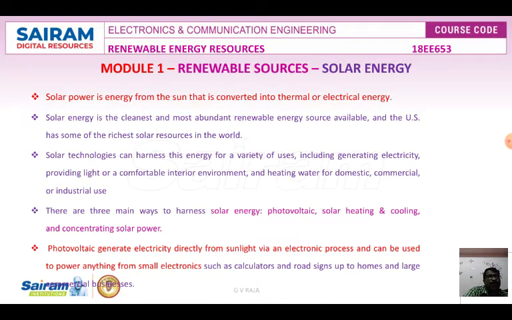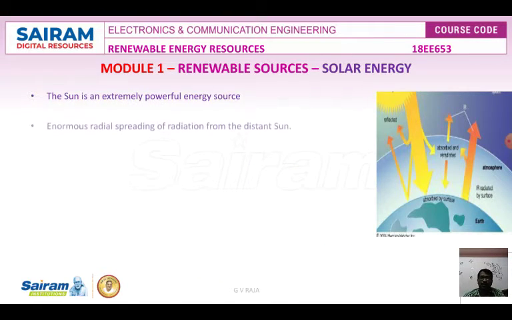Semiconductor cells, a small cell is used to generate 0.5 volt. Such solar cells are used in our calculators, some road signs, traffic light systems, and even small street light systems. That is the commercial product, photovoltaic generation of electricity, that is solar cells.